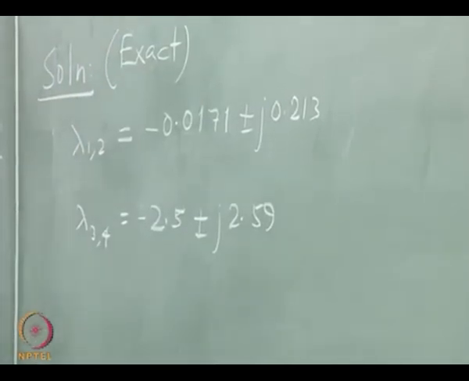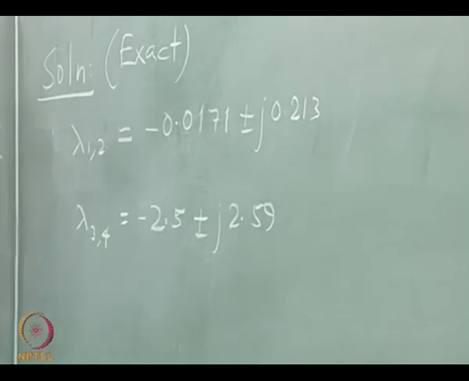Can you identify which one is the short period mode and which one is the phugoid? The one lying close to the imaginary axis is the phugoid. We said short period is highly damped, so it should be lying far to the left in the complex plane.